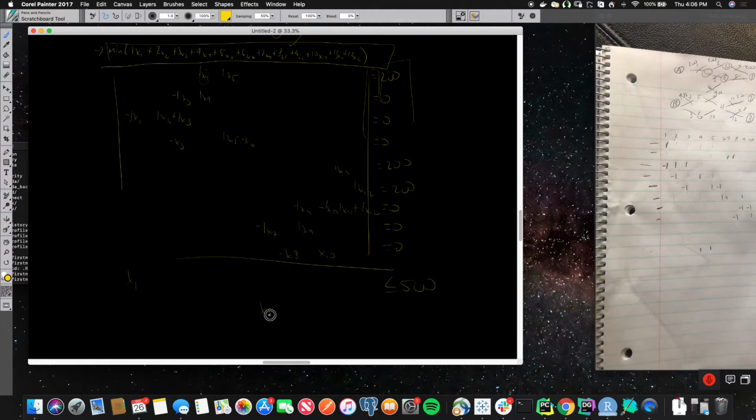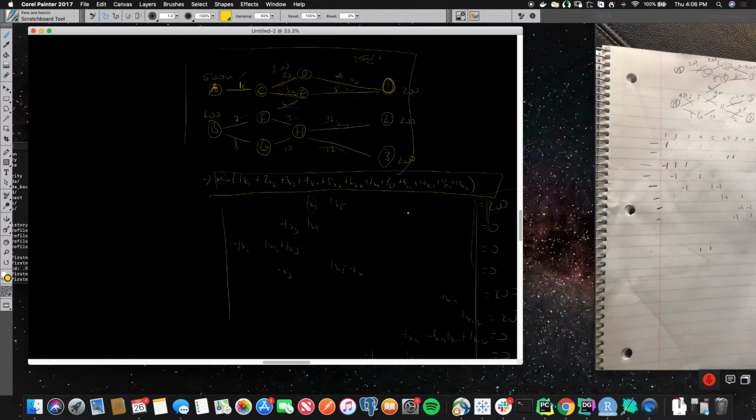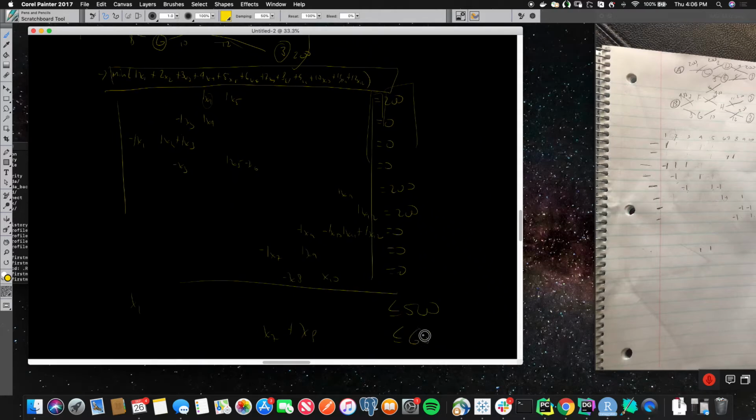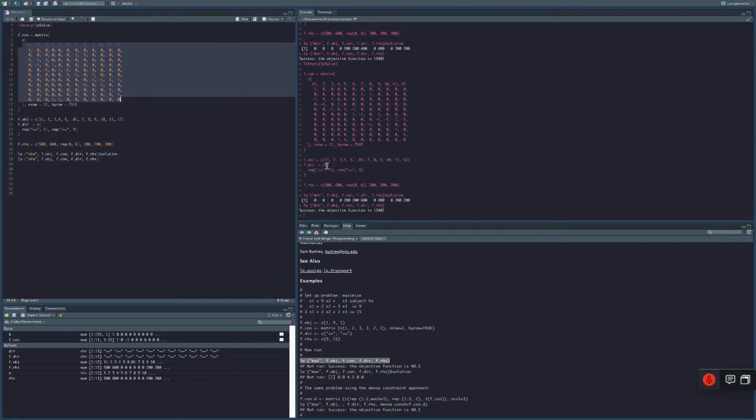So x7 plus x8 have to be less than or equal to 600. All right. So those right-hand side coefficients are right here, just in a slightly different order. So 500, 600. So x1 has to be less than or equal to 500, right?